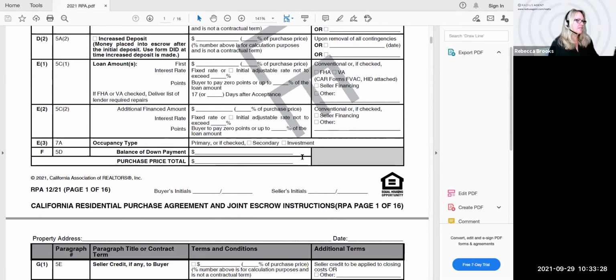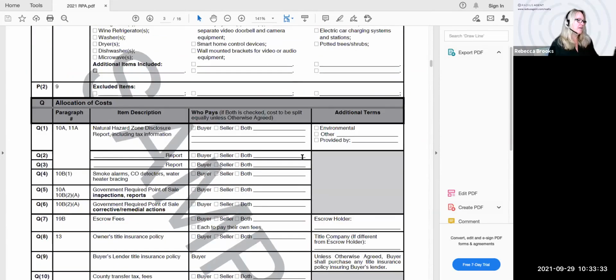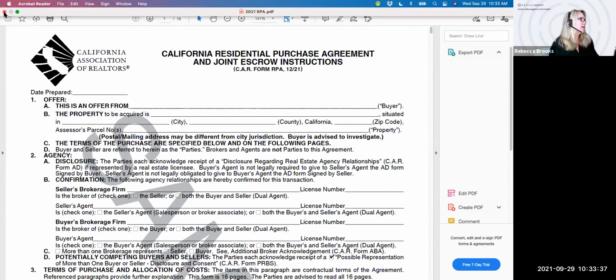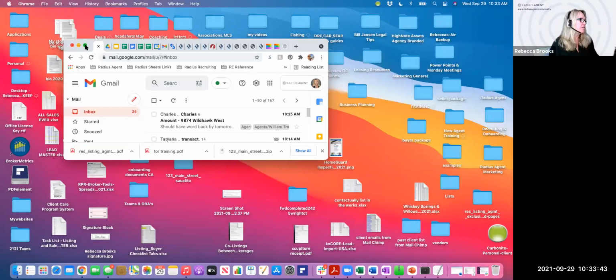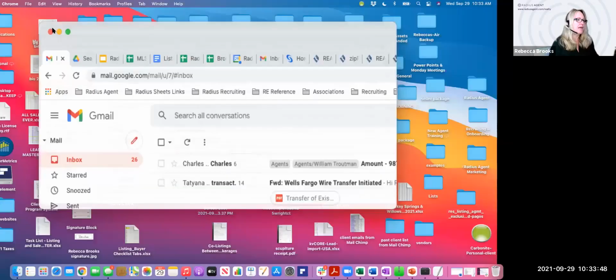This is what it looks like, 16 pages of a new purchase contract. So I'm probably going to be doing training on this as we go, but you as agents should also be trying to find out and teach yourself some of these things, so that when it comes time to transition over into the new RPA, you guys will have all that.